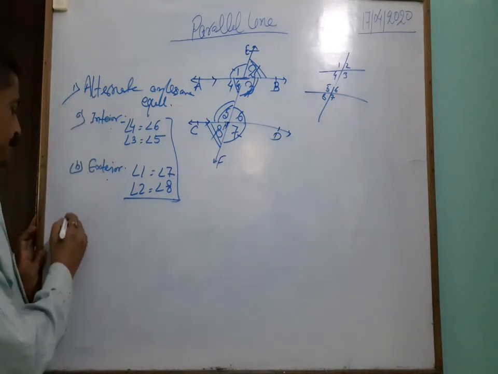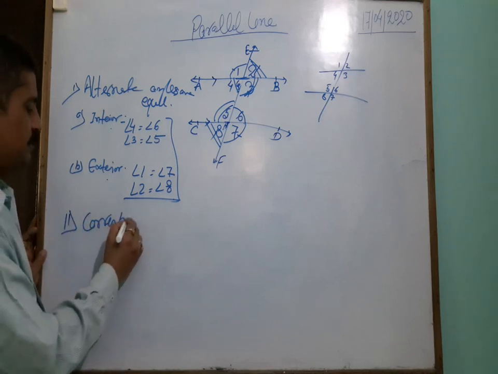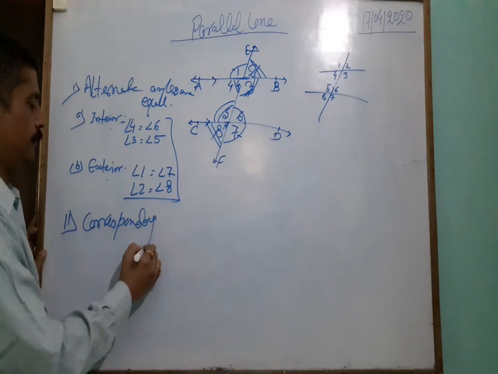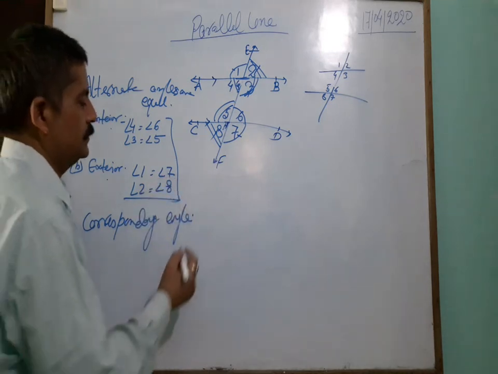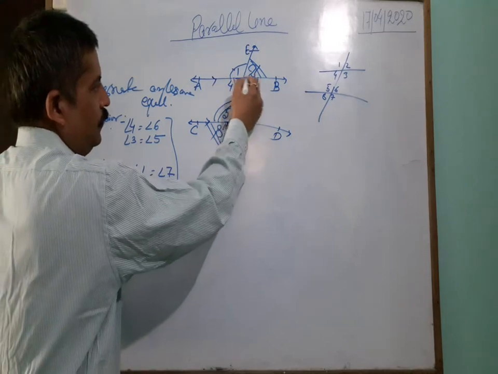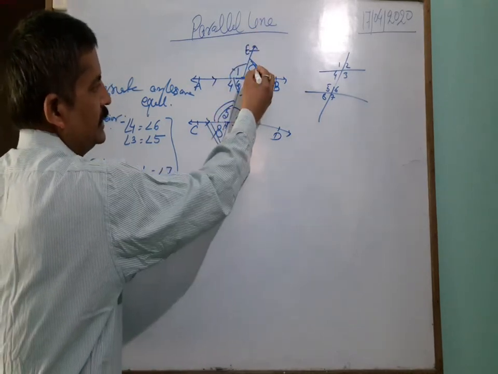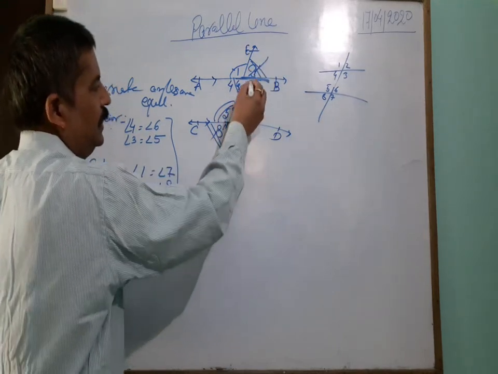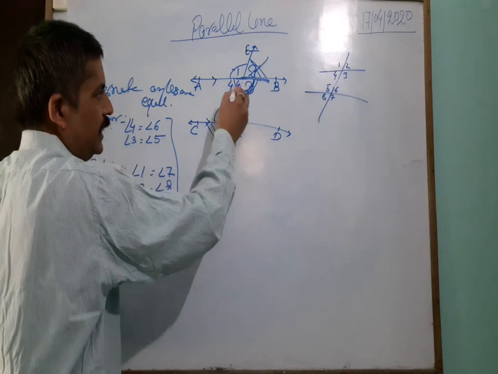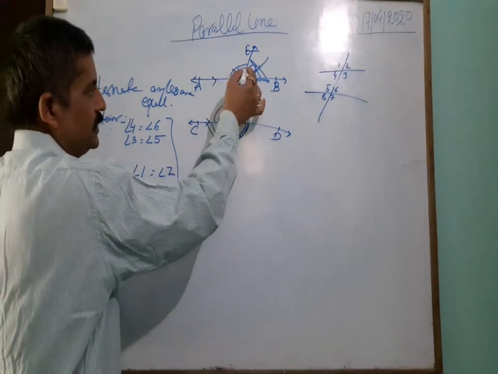Second, corresponding angles. Corresponding angles means, on one side of the transversal, one exterior angle and then respectively the interior angle on the opposite side.